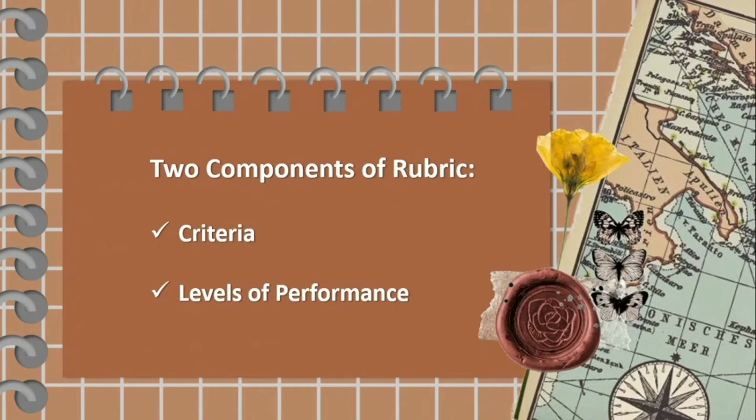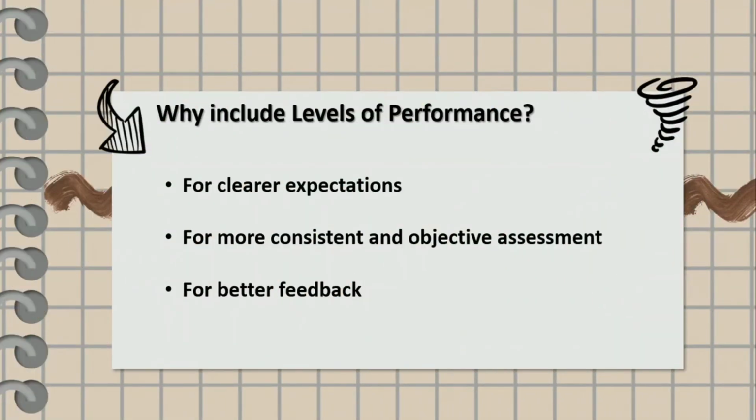On the other hand, levels of performance means assessed skill development in academic or other areas such as adaptive functioning, behavior, cognition, etc. So, why do we include the levels of performance? It is because for clearer expectations, for more consistent and objective assessment, and for better feedback.